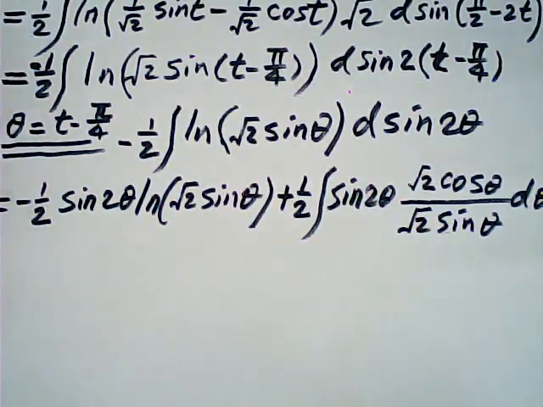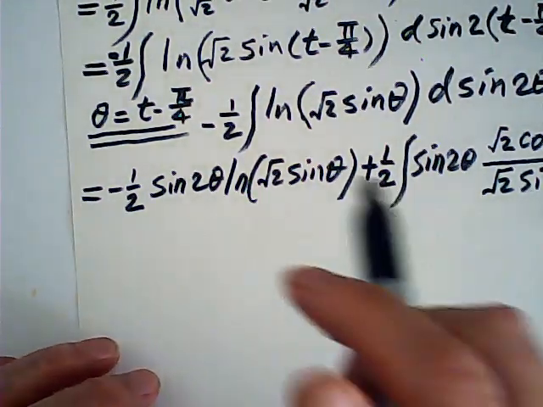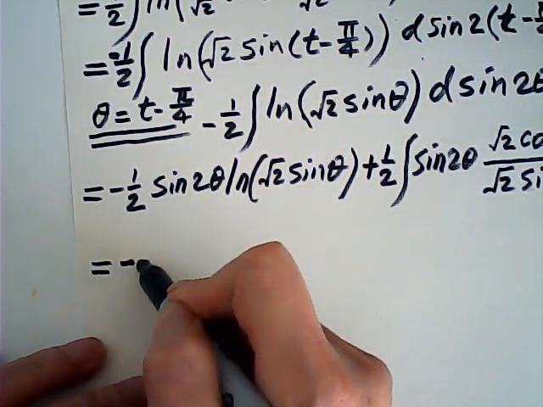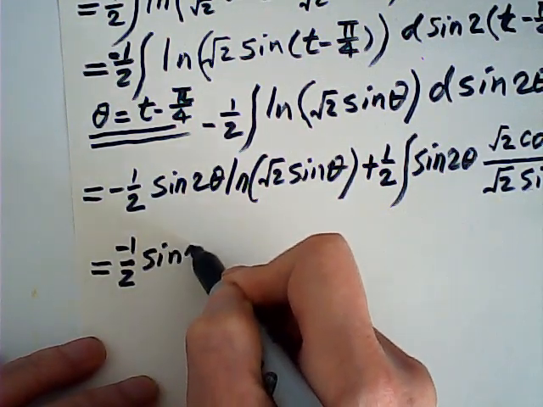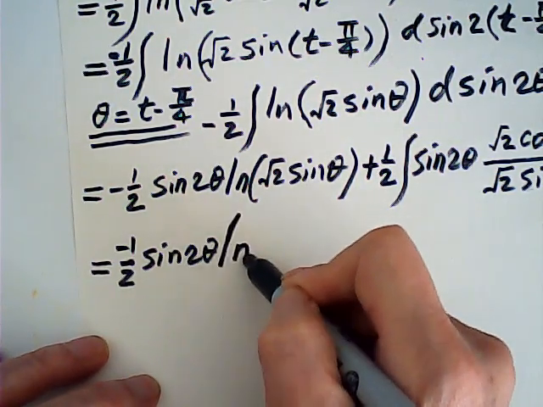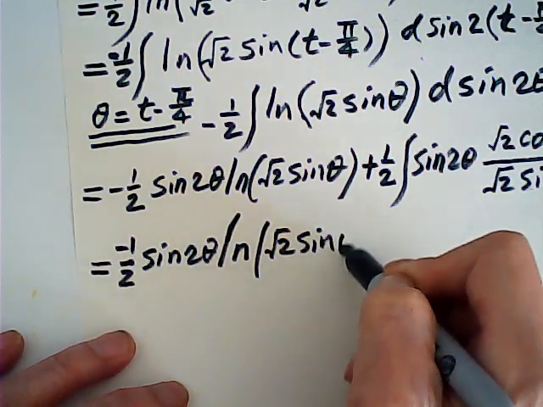Wow. A lot of details. Okay, then this one is equal to 1/2 negative sine 2 theta natural log root 2 sine theta.